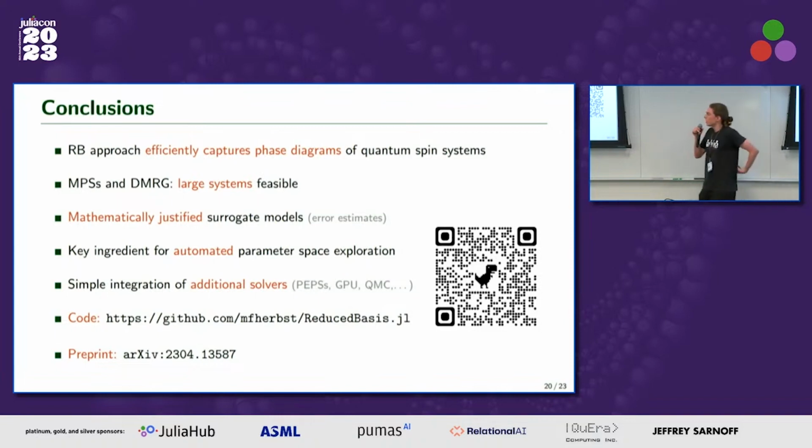So this reduced basis approach is really nice to explore and efficiently capture phase diagrams. It's quite cheap actually. It's difficult to quantify reasonably, but if you compare directly against, let's say, only using DMRG, you gain a few orders of magnitude in speedup if you use this for scanning phase diagrams for quantum spin systems, but this probably also extends to more quantum many-body systems.